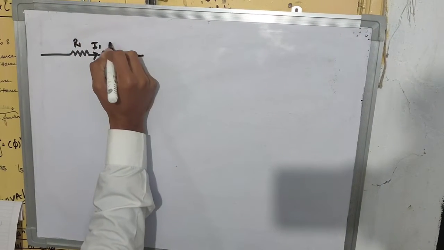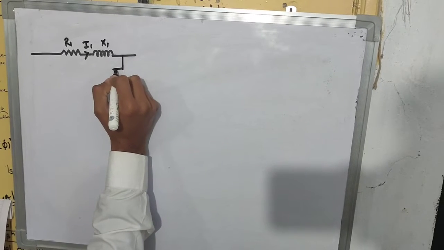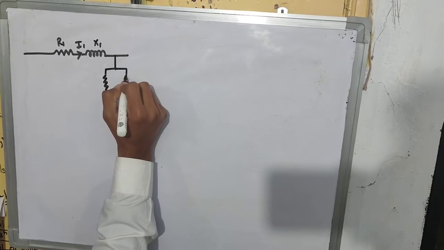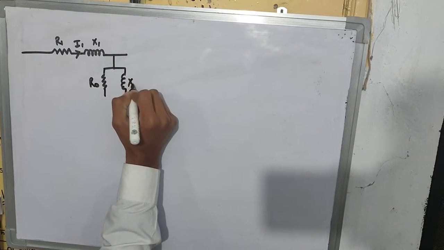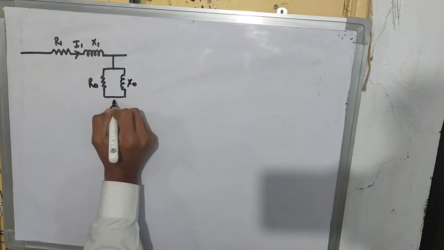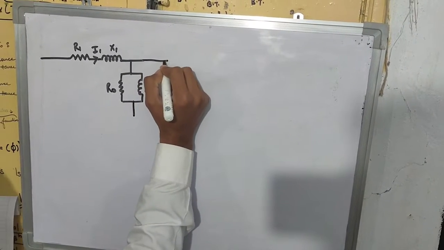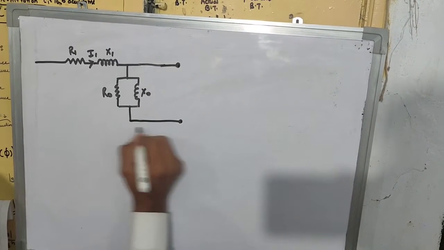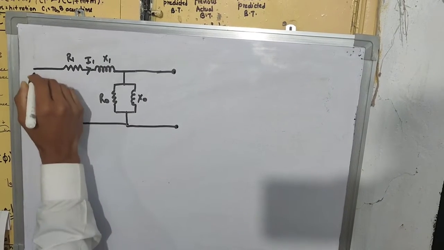This is R1, this is X1. This is R0, X0. And supply here is V1.